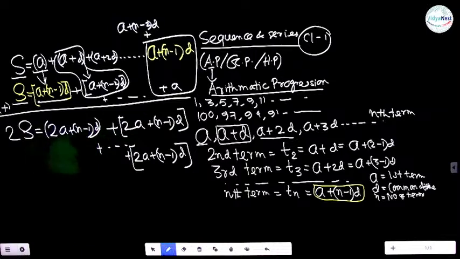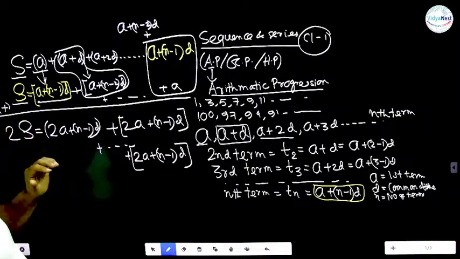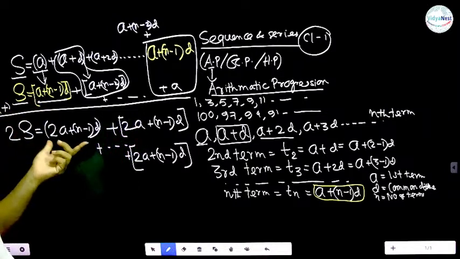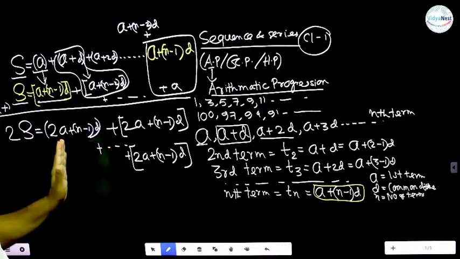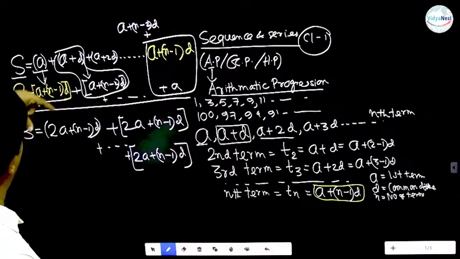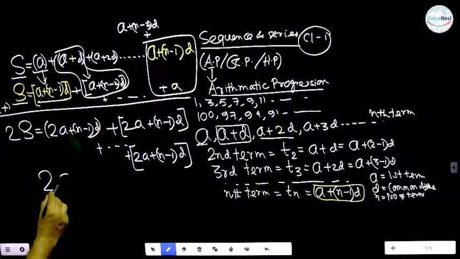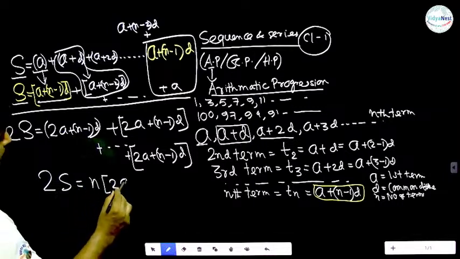So we have observed what? If we add all these terms, which is actually the recurrence of a general term, it comes n times. Twice S equals n times that.